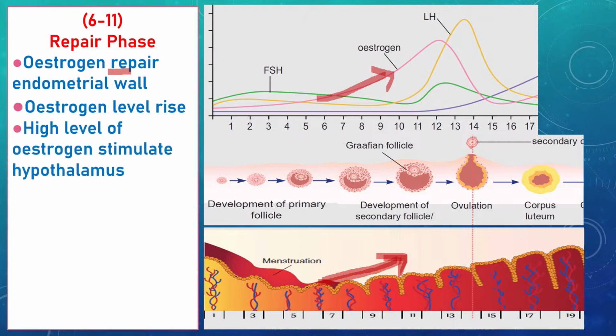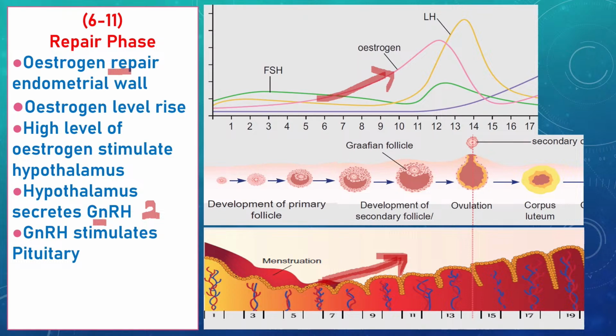Next, the estrogen level rises, and this high level will stimulate the hypothalamus. Stimulate the hypothalamus for what, class? To secrete gonadotrophin. So this is the second time gonadotrophin is being released by the hypothalamus. Now this second secretion is to stimulate the pituitary again. The first time the pituitary gets stimulated is for follicle stimulating hormone, right?